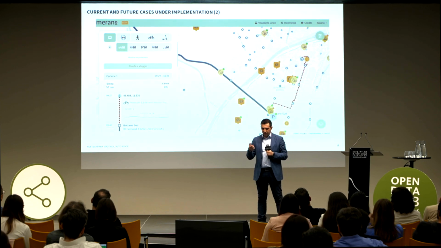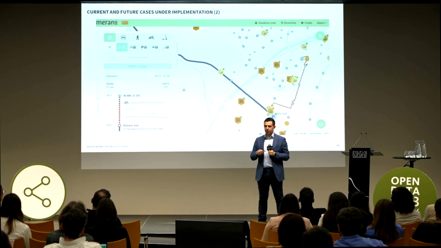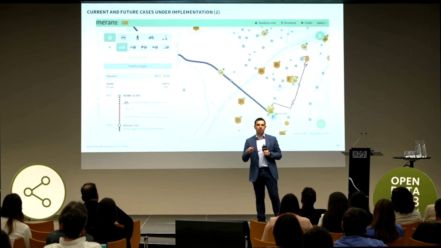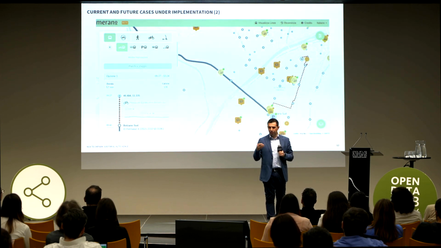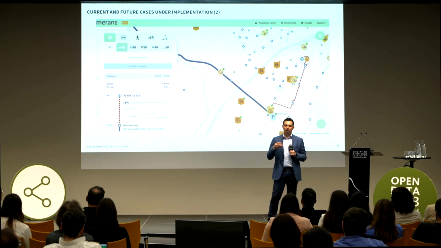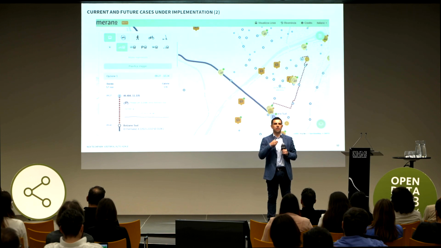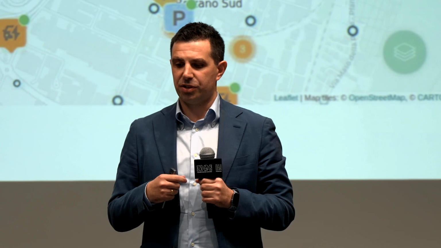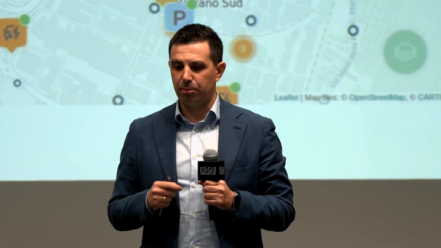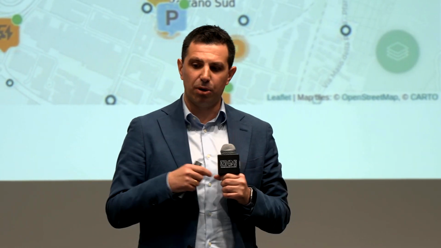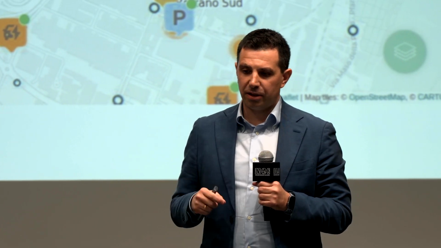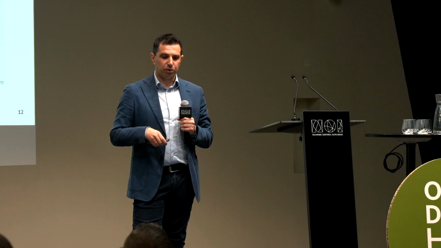Another use case, in relation to mobility as a service, is the demonstration of the possibility to create so-called intermodal routing. Because a prerequisite for MaaS is that you can give the user an instrument with which you can say, I want to go from A to B, and together with all the mobility services that I have, I can get a suggestion of a trip that combines, in particular, public transportation, which is the backbone, with first and last mile services that can help you make your trip to your destination.